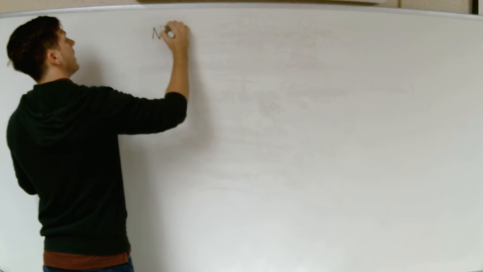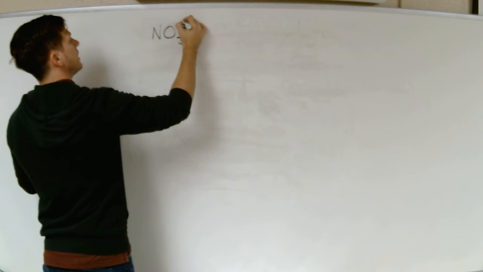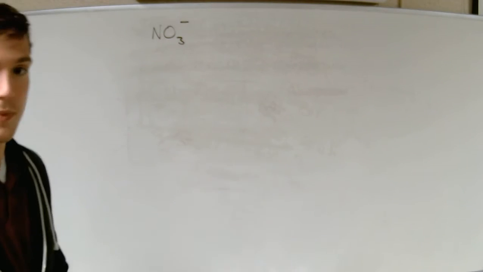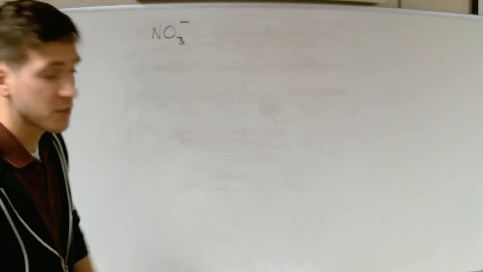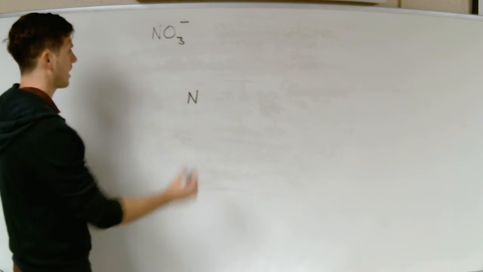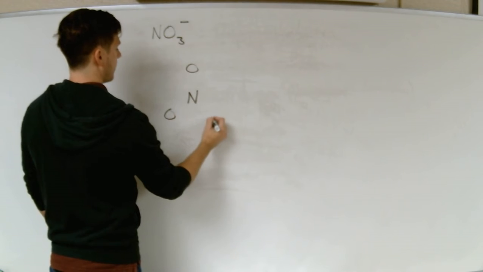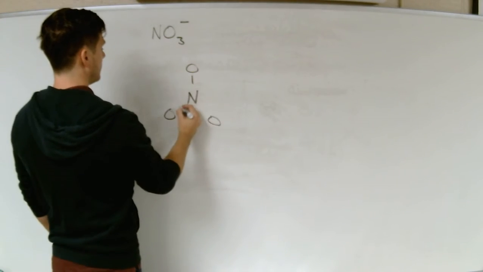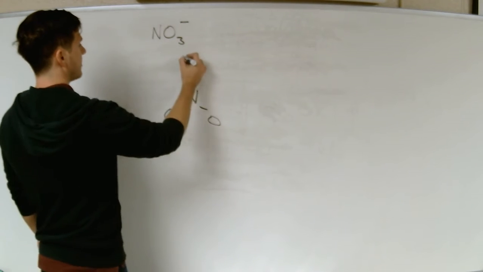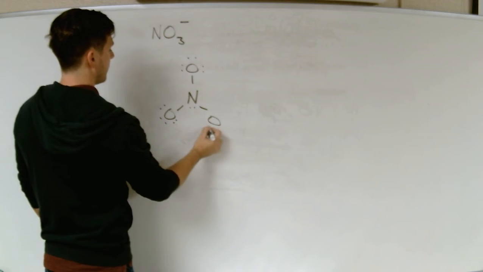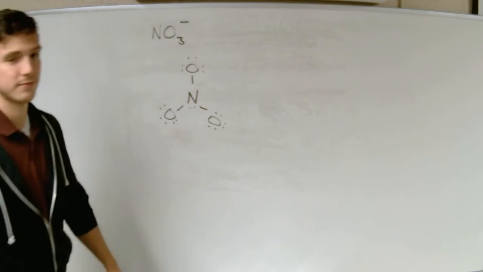Nitrogen's going to go in the middle, oxygen's on the outside, and let's start putting single bonds in there. So 1, 2, 3, and all these guys follow the octet rule. I can guarantee you that these guys follow the octet rule.